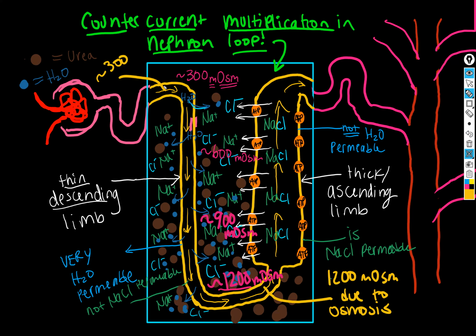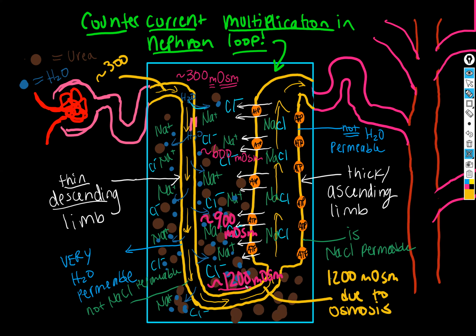So the bulk flow keeps osmosis happening and prevents equilibrium from being reached. So you need a 300 to 1200 milliosmol concentration gradient present in the renal medulla to make that happen.